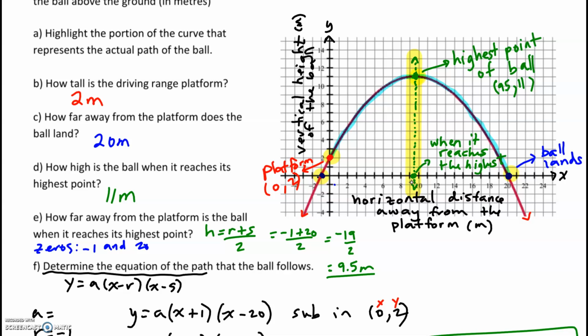And now you can see each feature represents a different value in the path of Angela's golf ball. So it's important to recognize when I have my 2 zeros that the 1 zero we need is 20, right? And if you remember how to find zeros, you will be able to find where Angela's ball lands. The highest point of her ball, vertex. So if you remember how to find vertex, you'll know how to find the highest point of Angela's ball.